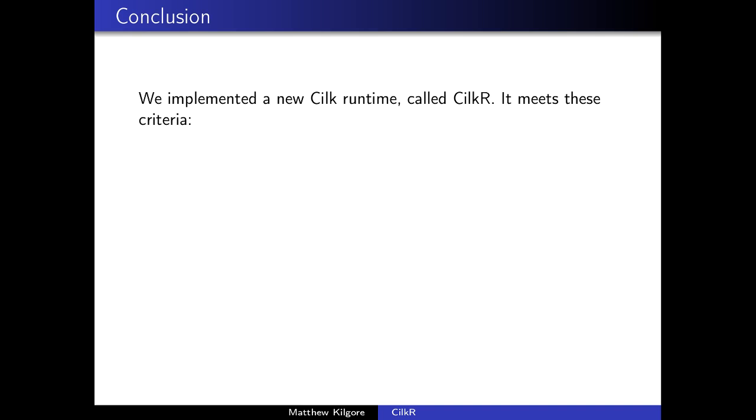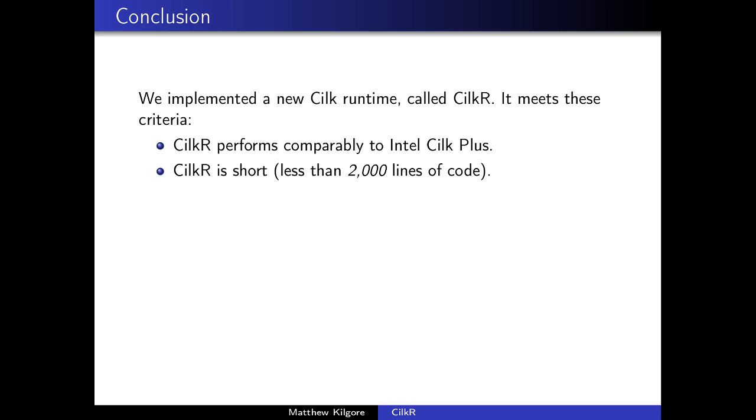So, to review, we implemented a new Cilk runtime called CilkR. It performs relatively comparably to Cilk+. We think we can get it to match fairly quickly. It's short, less than 2,000 lines of code, and we at least think it's simple.